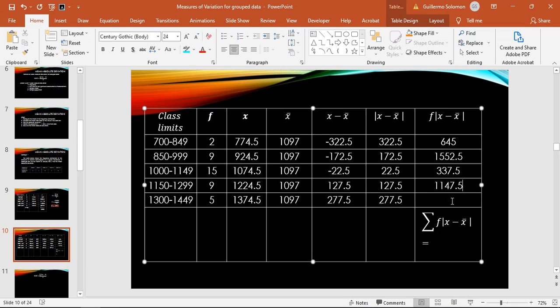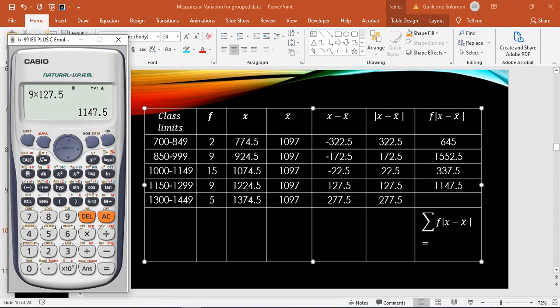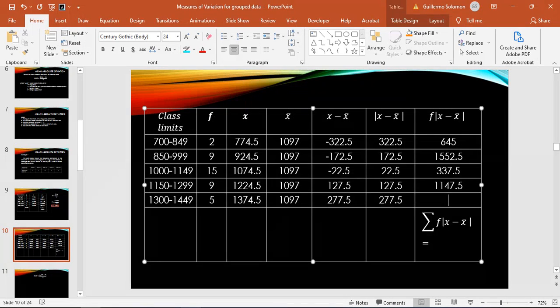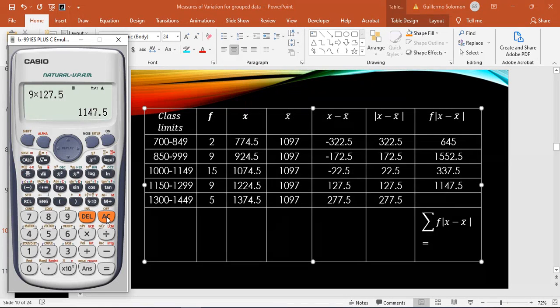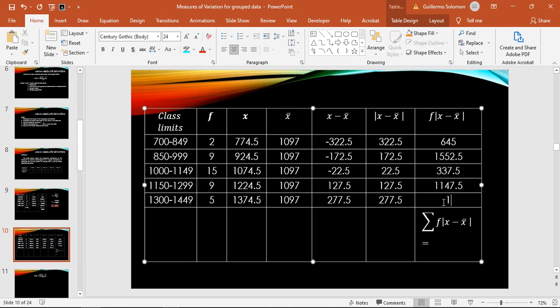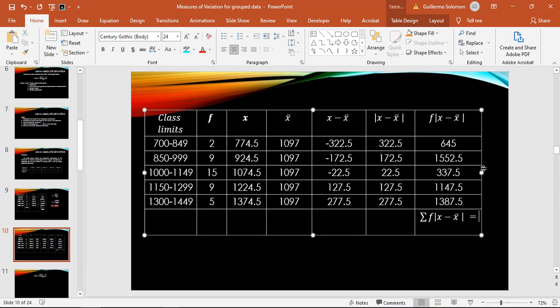Okay, so next, last one, 5 times 277.5 is 1,387.5. Okay, so now we can now compute for the summation. Okay, summation na tayo.